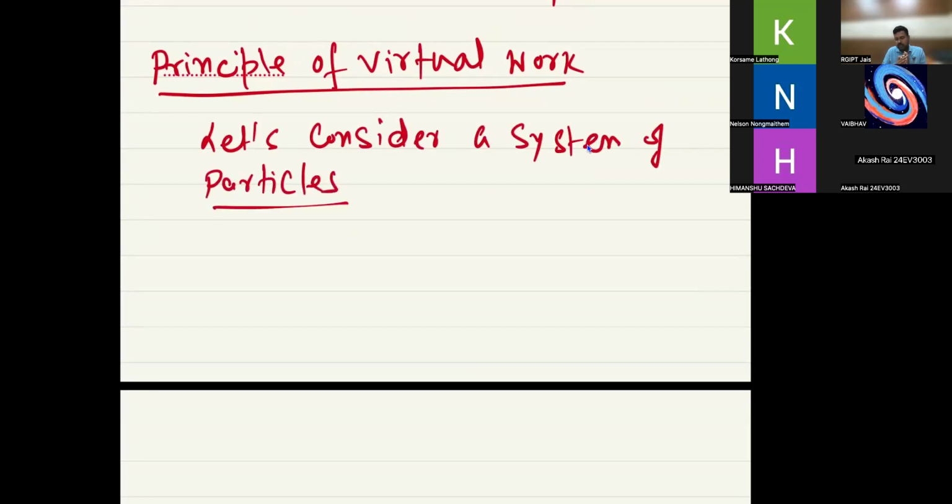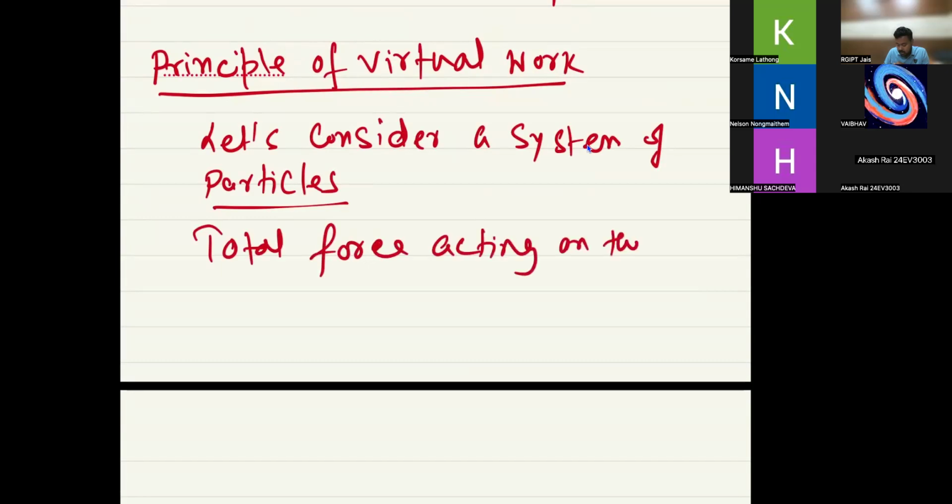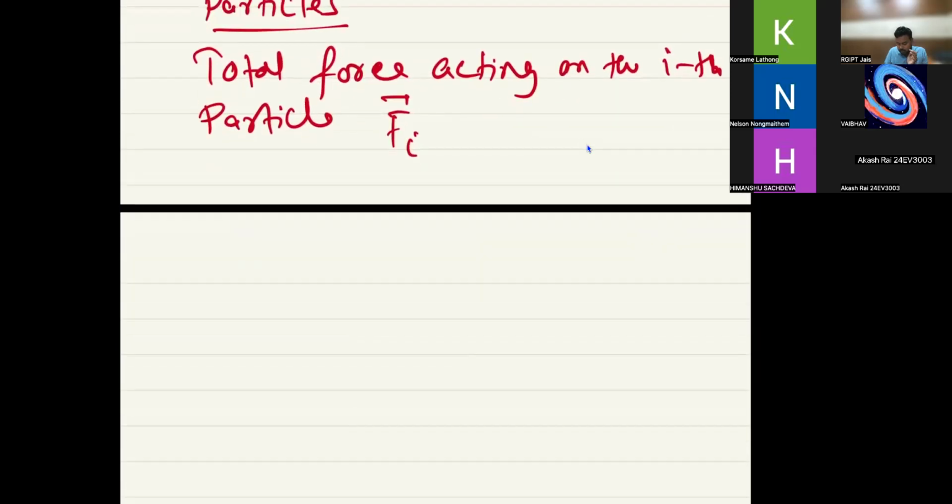Now if you know the total force that is acting on the ith particle, you know the expression. This will be represented by Fi. And what are the components of Fi?